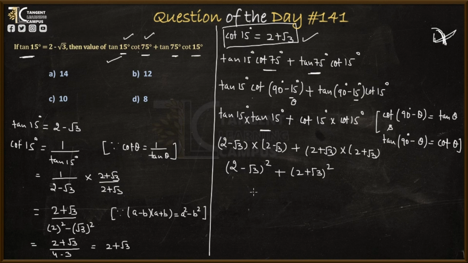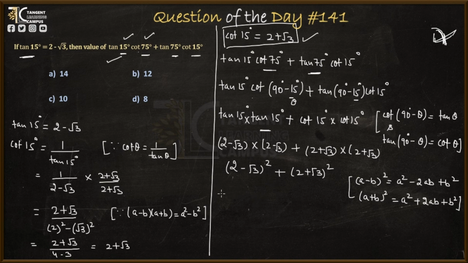Now we can apply the algebraic identities (a − b)² = a² − 2ab + b², and (a + b)² = a² + 2ab + b².